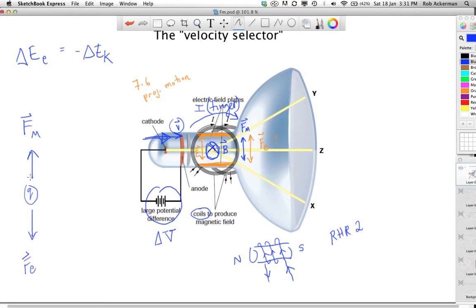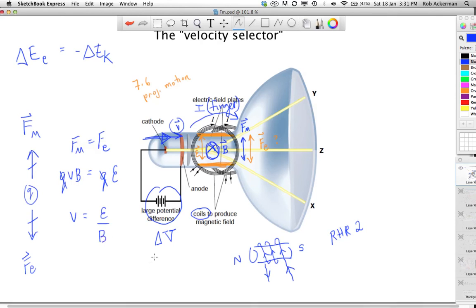And we adjust the two until these are equal, so that Fm is equal to Fe, so that QVB sine of 90 degrees, I'm going to leave that out, equals QE. The charges cancel. The speed is then equal to the ratio of the electric field to the magnetic field.